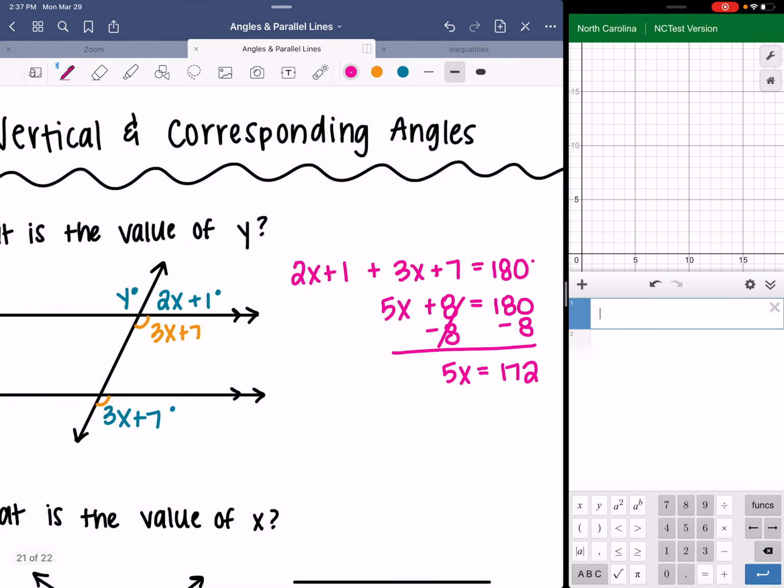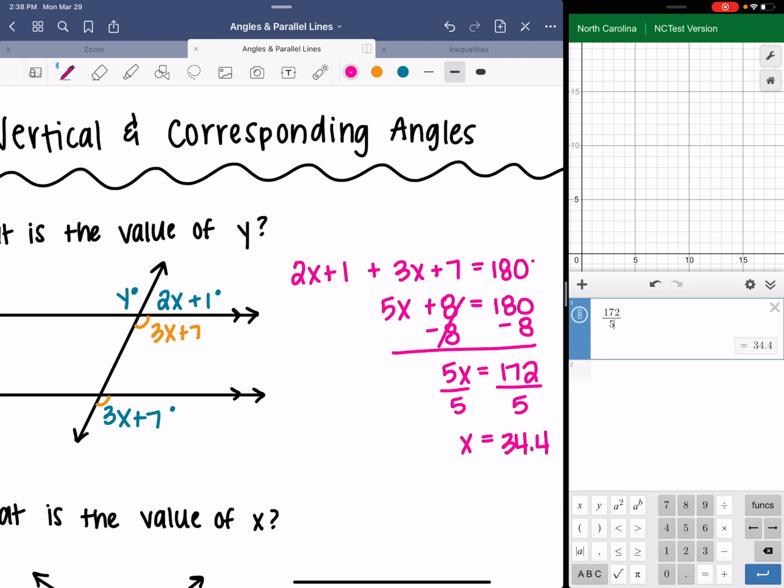Okay, here we go. If we divide by 5 on both sides, 172 divided by 5 is 34.4. Okay, 34.4.